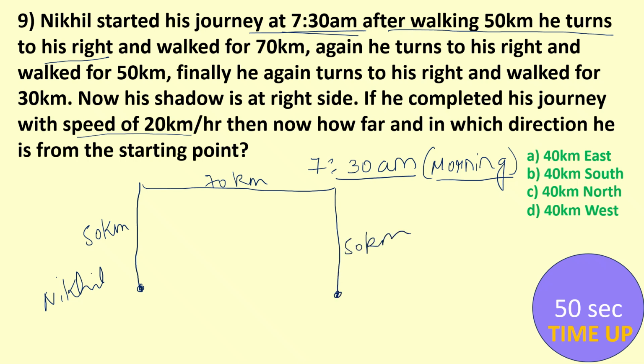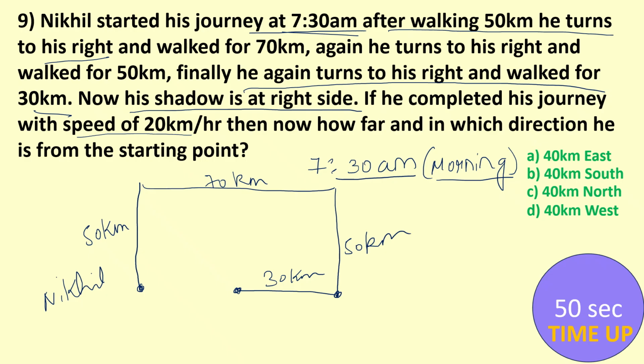Then finally he again turns to his right and walked for 30 kilometers. That means somewhere here, 30 kilometers. Now his shadow is at the right side.